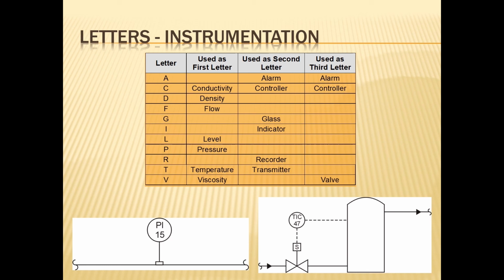These letters would indicate the type and the function of the device, and most letters and definitions are standardized, but you should always consult the legend if you're in doubt. The number that is found inside the circle would also indicate if there's a number of different similar types of devices. For example, we see PI 15, which would indicate that this is a pressure indicator number 15. This would also indicate to me that there's 14 other pressure indicators inside these drawings.